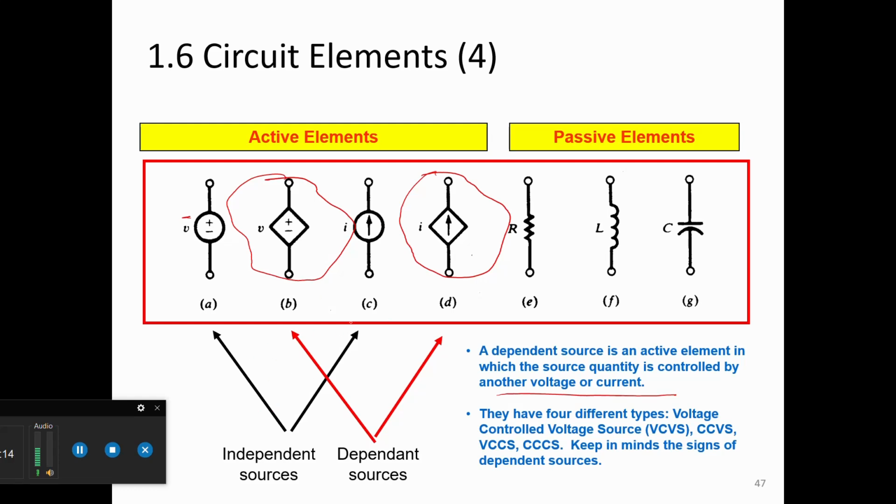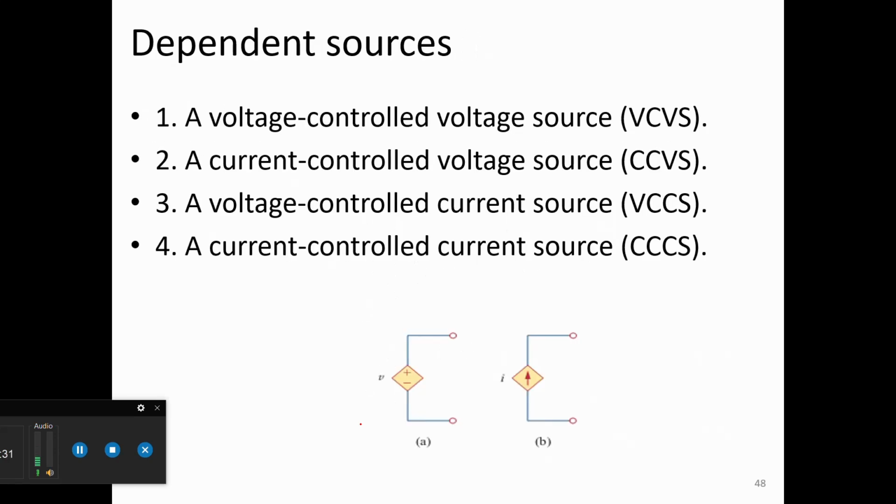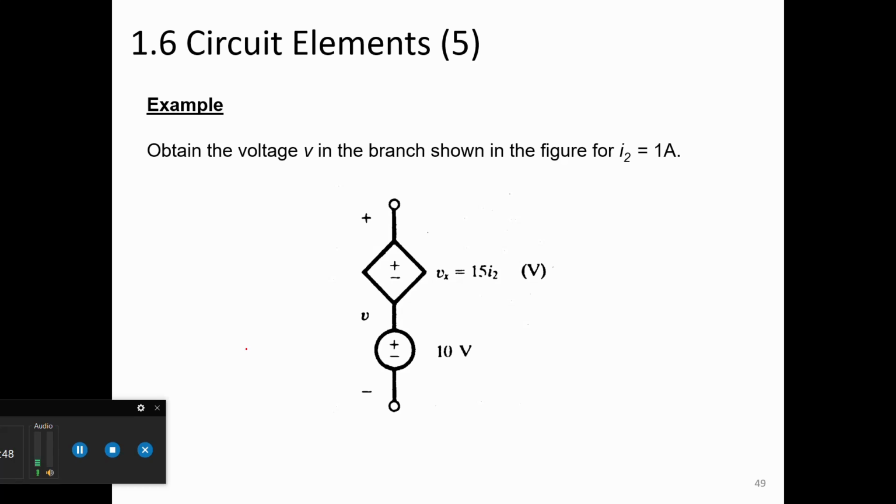This is shown by these arrows, and there are four different types: voltage controlled voltage source, current controlled voltage source, voltage controlled current source, and current controlled current source. Keep in mind the signs of the sources as well.